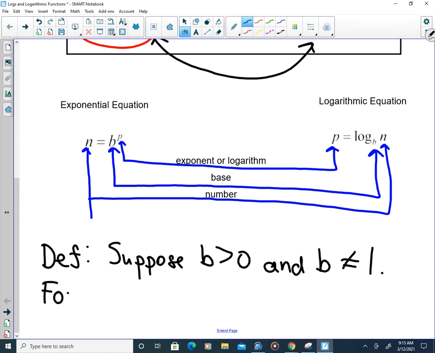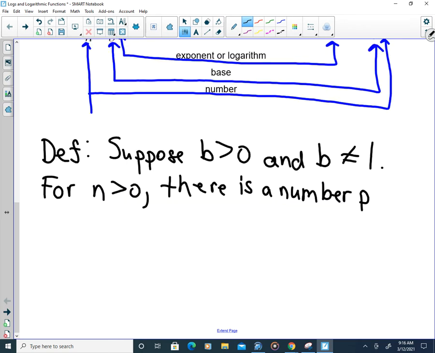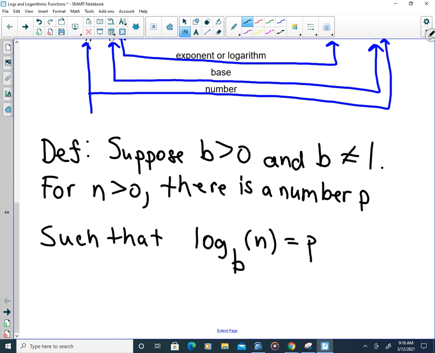For some number n, where n is greater than 0, there is a number p such that the log base b of n is equal to p if and only if this statement is true. b raised to the p power is equal to n.